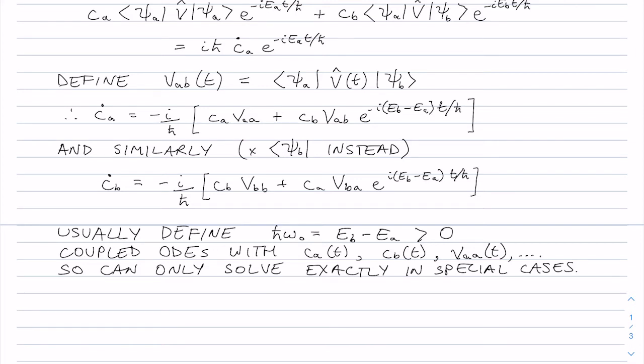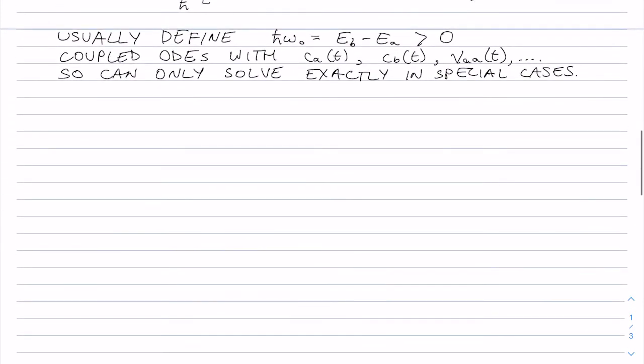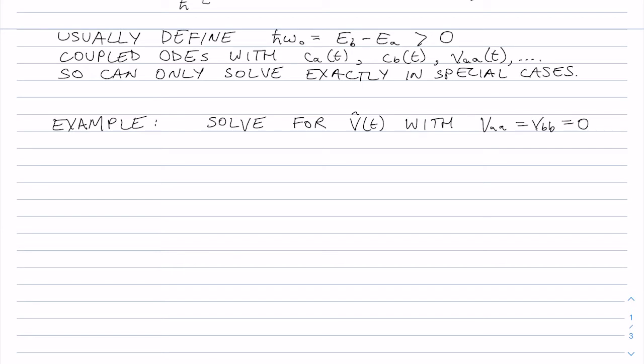Now, one of the extremely important special cases that we can solve exactly is as follows. We want to solve for a perturbation which has the following properties. VAA and VBB are both equal to 0. This is not an unusual case, by the way.